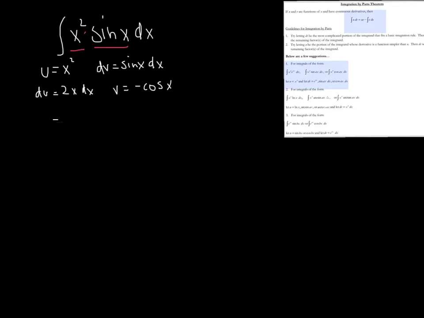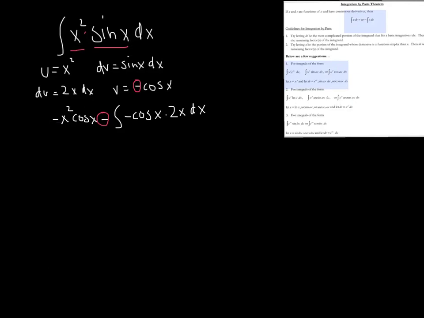So negative x squared cosine of x minus the integral of v du. Now I like these because you have a negative there and a negative there, and so those are just going to cancel out and give me a positive, but for now I'm going to write it out as negative cosine of x du, which is 2x dx.